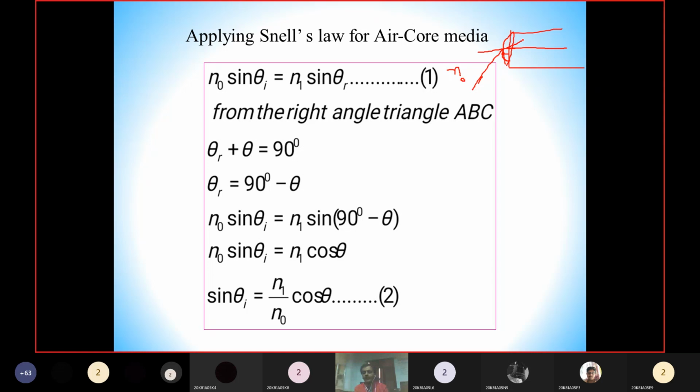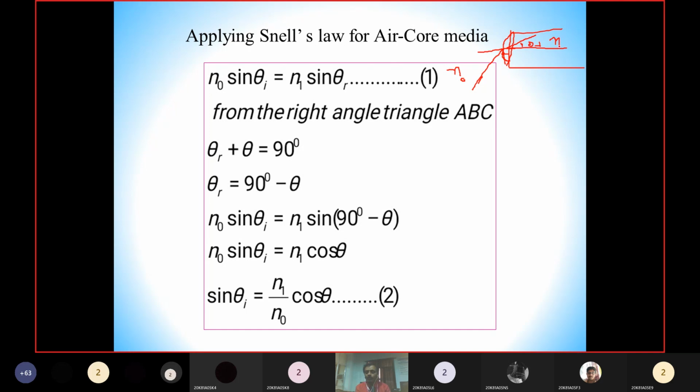This refracted angle is theta r, and the refractive index is N1.